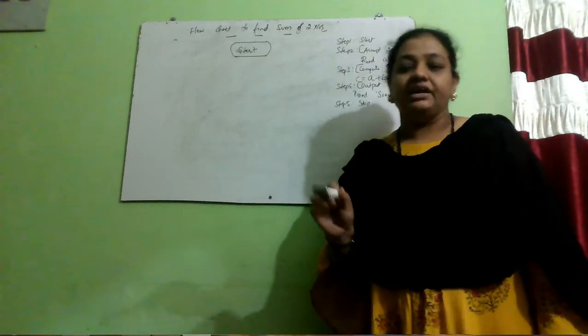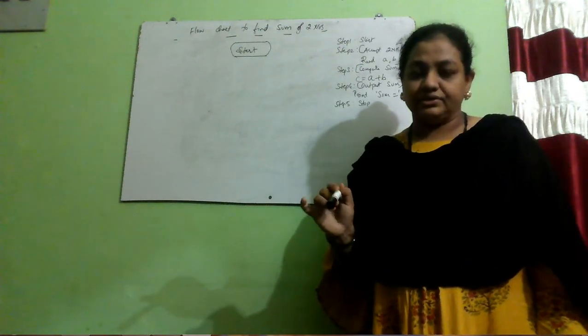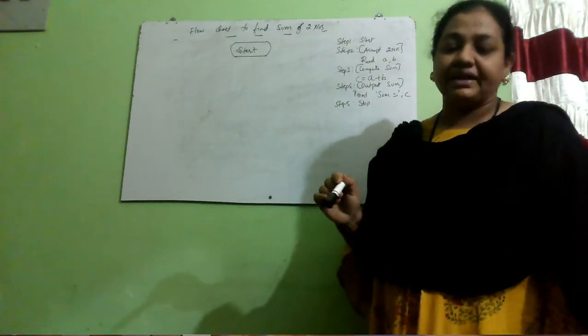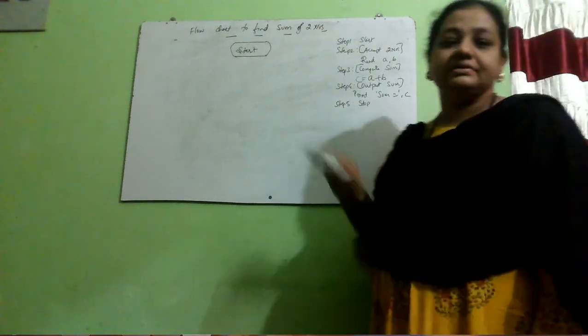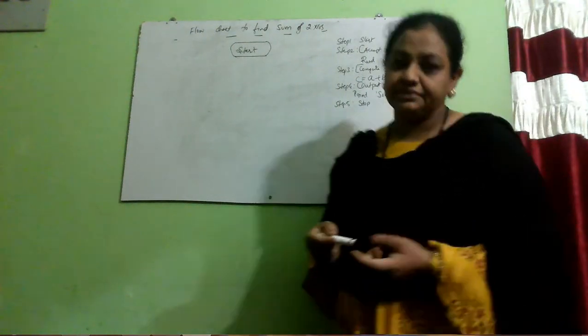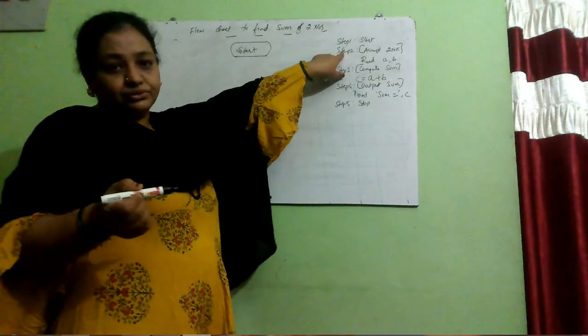Step 1 is start. As I told you, an ellipse is used to represent start and stop operations. So step 1 is start, and start will be represented using an ellipse.